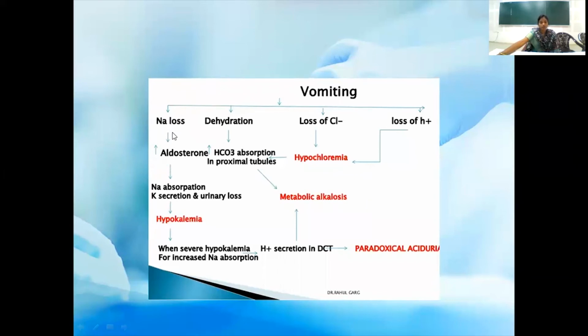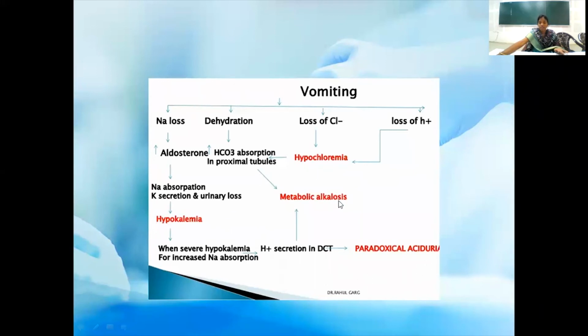Once the sodium is lost, aldosterone will come into the picture and try to save the sodium, leading to sodium absorption and potassium secretion. So when trying to regain the sodium, there will be excretion of potassium, leading to hypokalemia. When there is severe hypokalemia, to save the potassium ions, there will be loss of hydrogen ions in the urine, which causes aciduria.